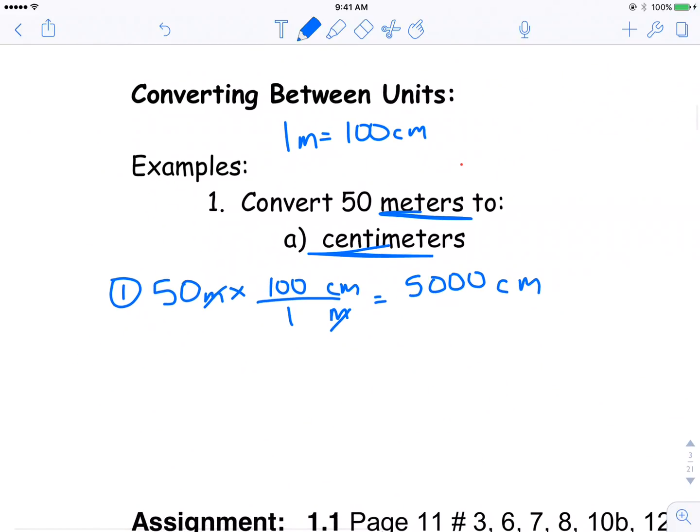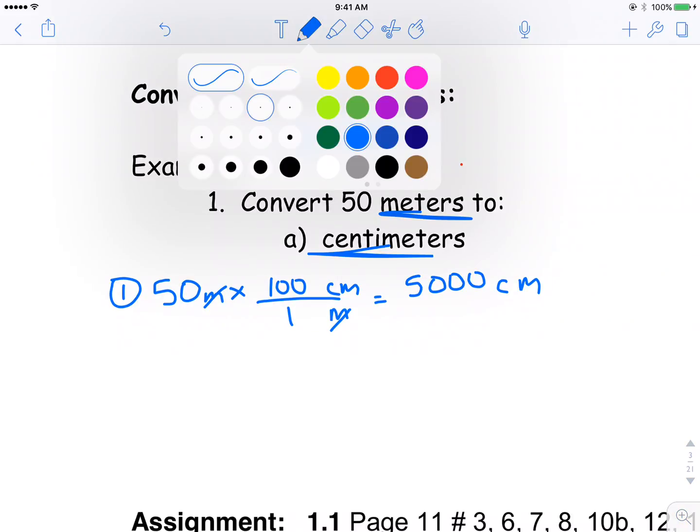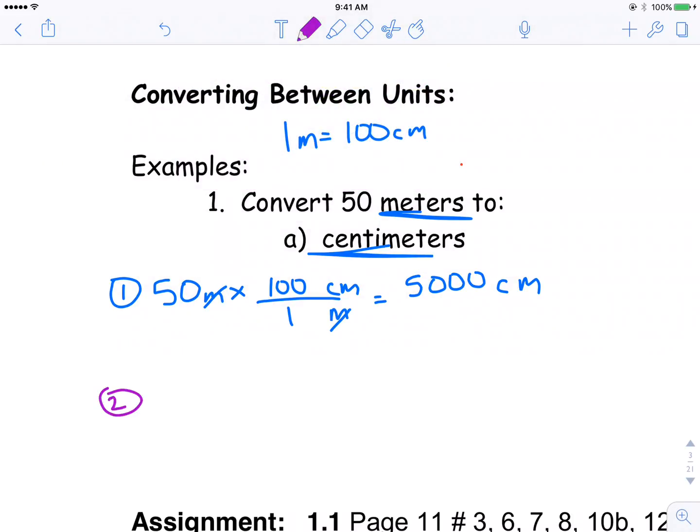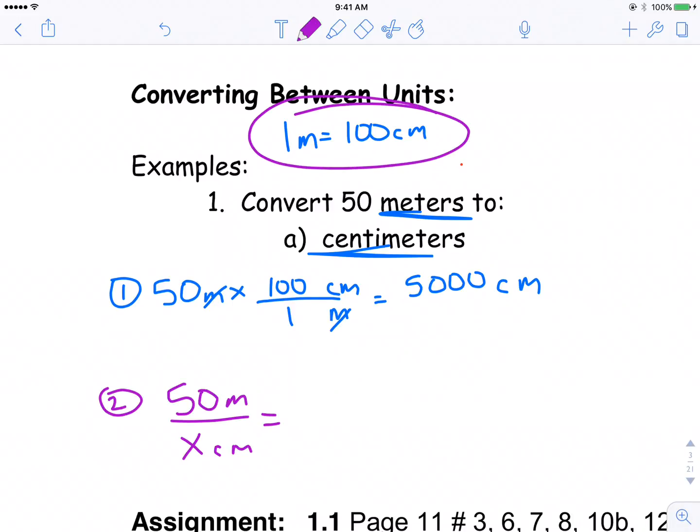Using proportions, you can also look at this and say, if I'm converting 50 meters to x centimeters, so make a ratio, 50 meters to how many centimeters? I make that equal to my same conversion factor of 1 meter is 100 centimeters, this time making sure that my units stay on the same part of the fraction.